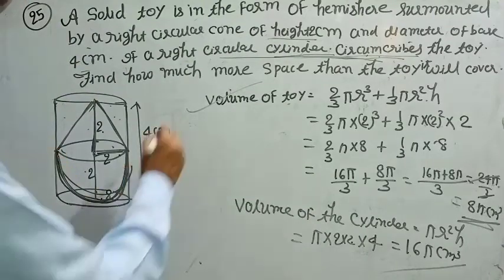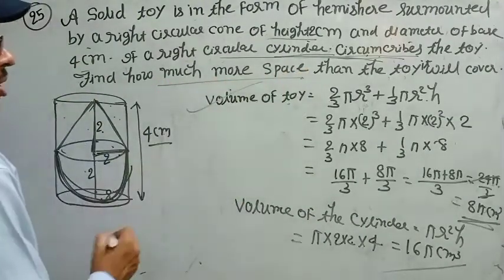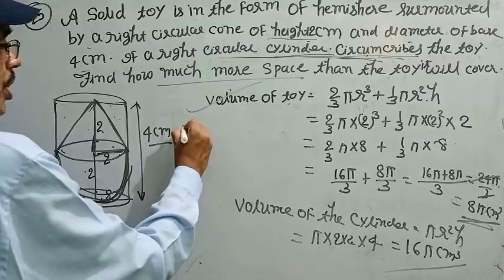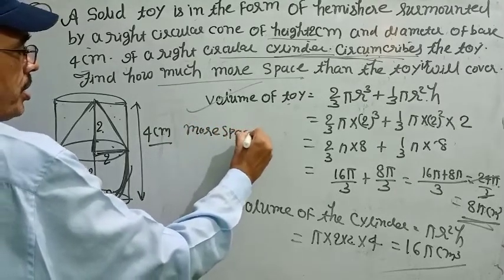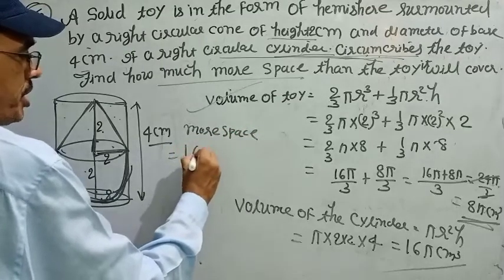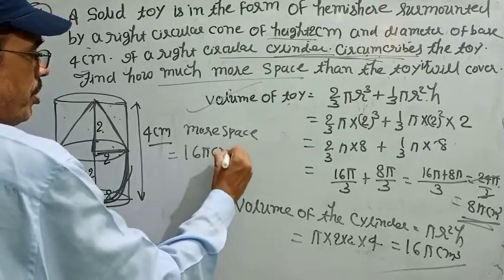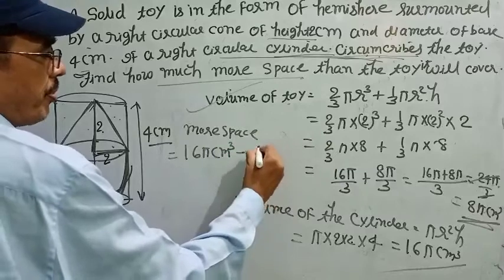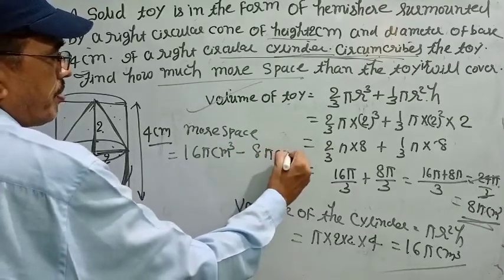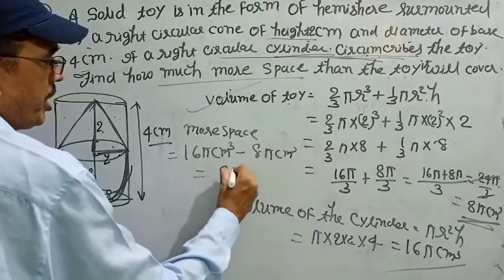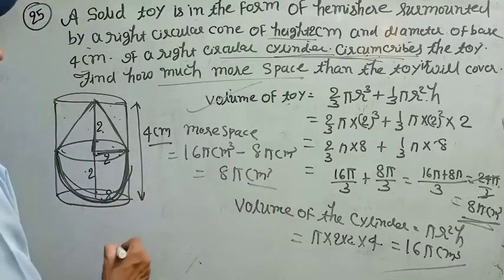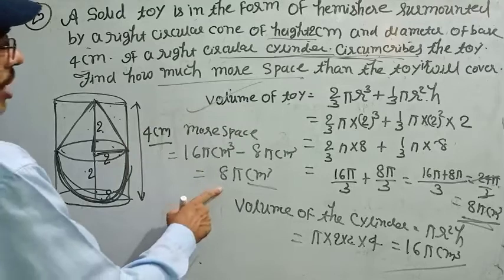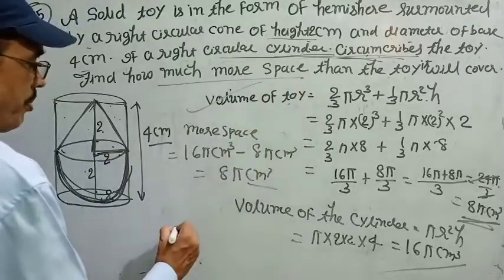Your question is how much more space than the toy? So what is the more space? More space is equal to the volume of the cylinder, 16 pi centimeter cube, subtract the volume of the toy, that is 8 pi centimeter cube. Then you get 8 pi centimeter cube. The question also gives the value of pi as 3.14.